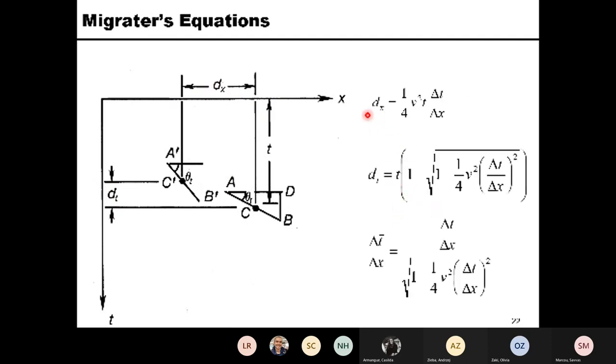But now, that's in the data space. What I try to tell you now is that delta t over delta x is in the data space, but in the model space, delta t over delta x, how do you compare this?